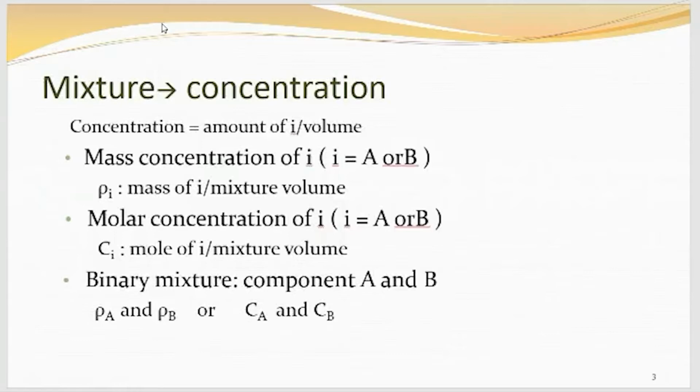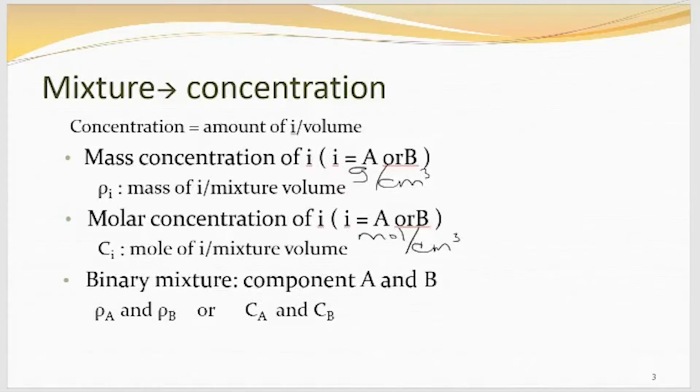And C is the molar concentration, so basically this is mole per volume. Both of them are concentration, but one is in the form of mass and the other is in the form of molar.